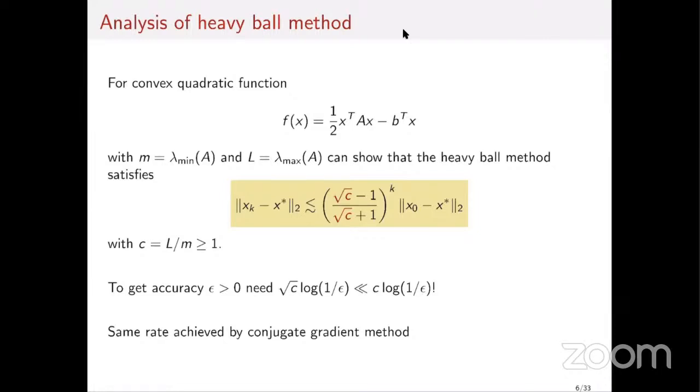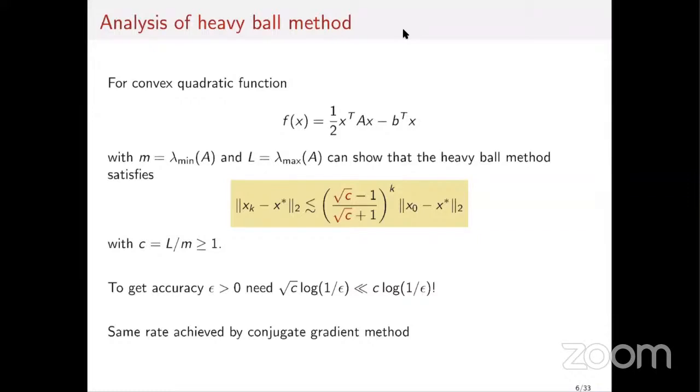The rate achieved by the heavy ball method is the same rate achieved by the conjugate gradient method, which also has square root of c minus 1 divided by square root of c plus 1 to the power k. In fact, the conjugate gradient method is the method of choice for such problems. You should use it instead of the heavy ball method.